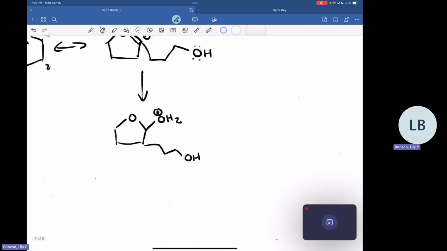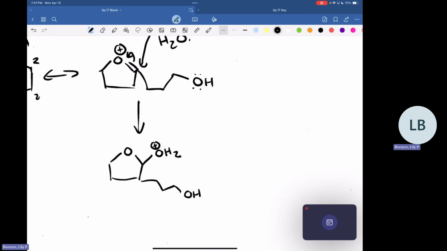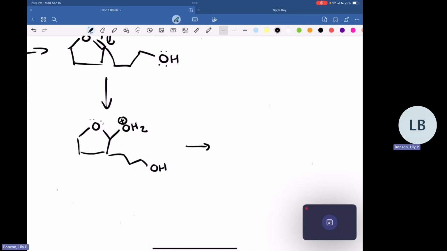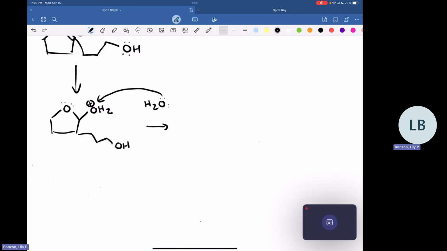All right, so now we've got this going on. Still kind of funny looking. But now we're going to have another equivalent of H2O, and that will just deprotonate that water molecule that's attached.